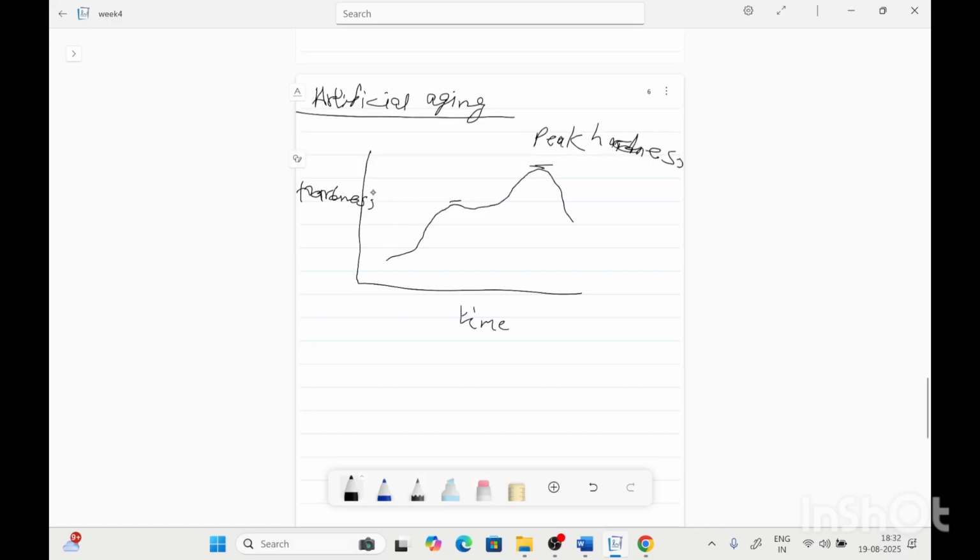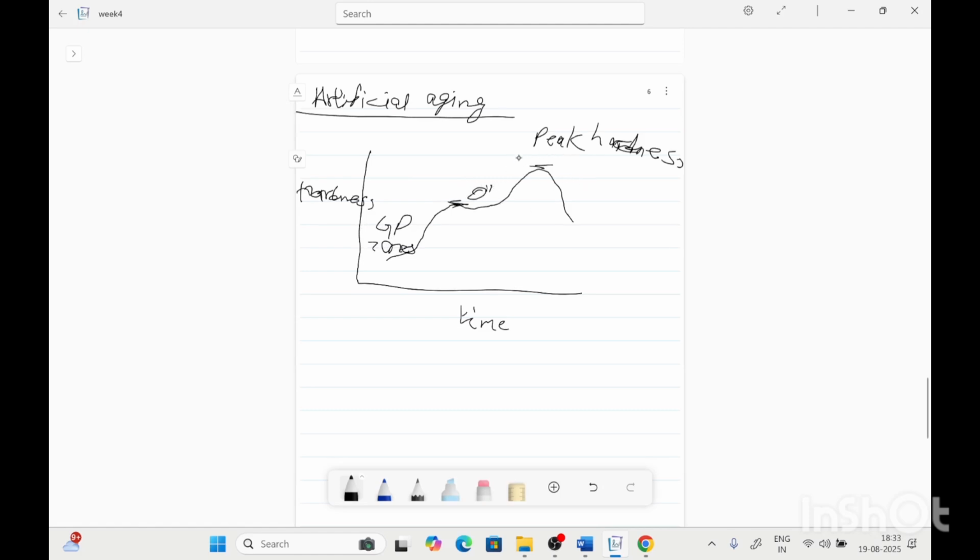So the precipitates are forming during this time. First the GP zones are formed, then these GP zones convert into theta double prime.